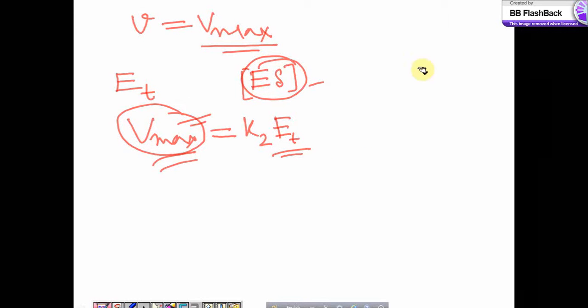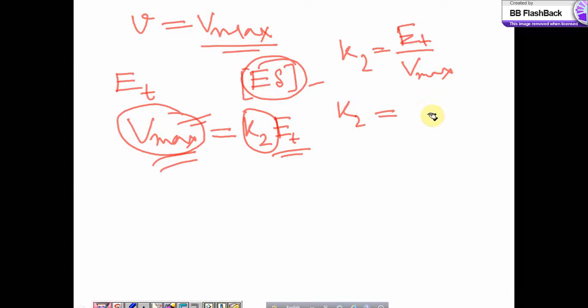Now what is this K2? K2 is Vmax by ET, and the unit of the constant K2 is per second.